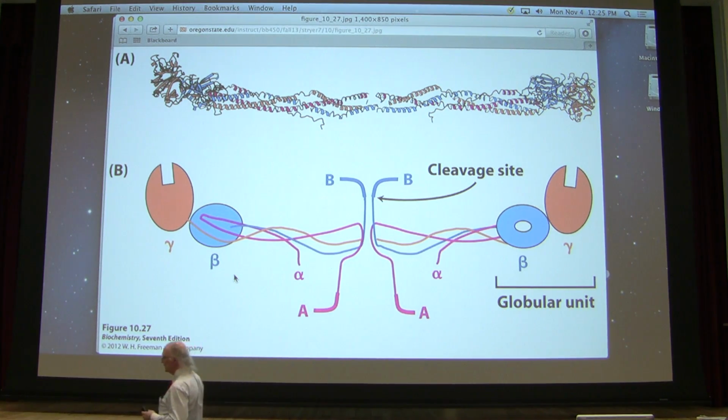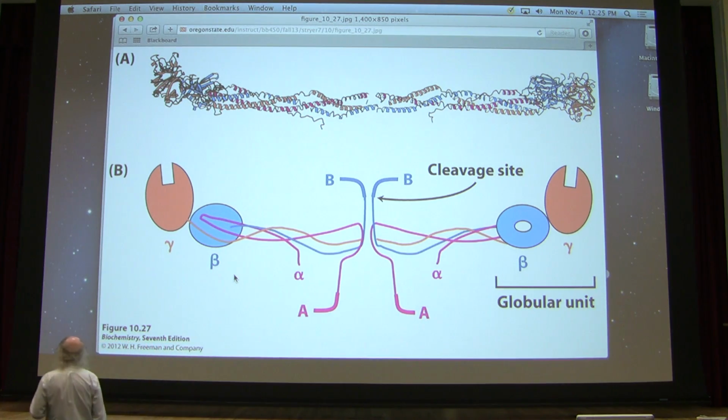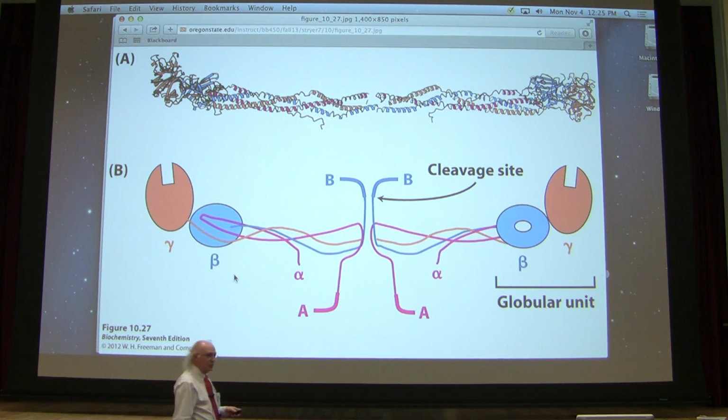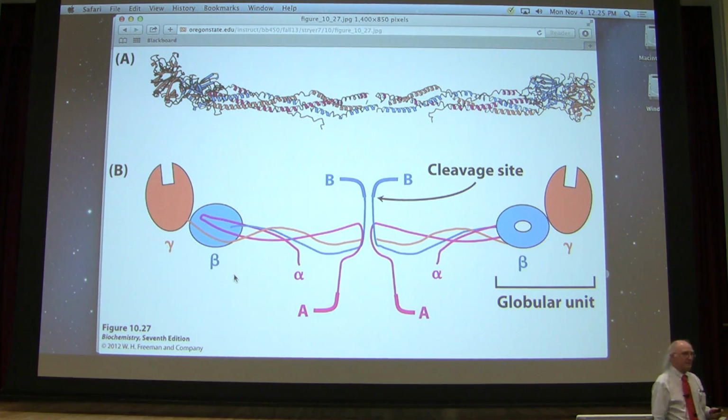Alpha is A, beta is B. What thrombin is doing is clipping off so that the capital A and the capital B disappear. We're left with the little skinny part, but the fat part is disappearing. Everybody with me?